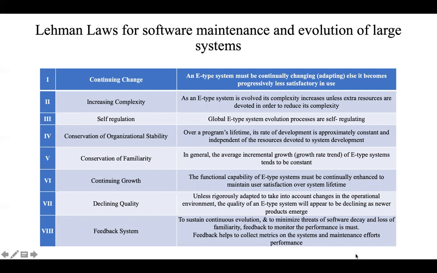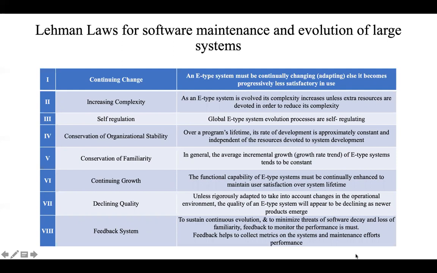The fourth one is law of conservation of organizational stability. Over a program's lifetime, generally the development rate is approximately constant, independent of whatever resources you are devoting for the development. The law of conservation of familiarity, the fifth one, is that the average incremental growth of each system at a point will become constant. Sixth is law of continuing growth.